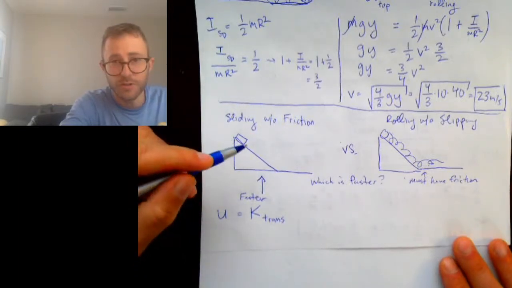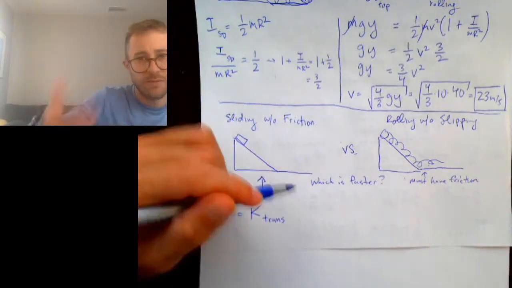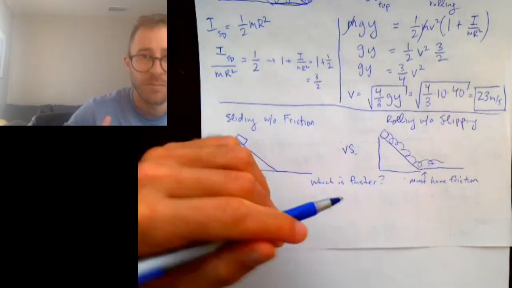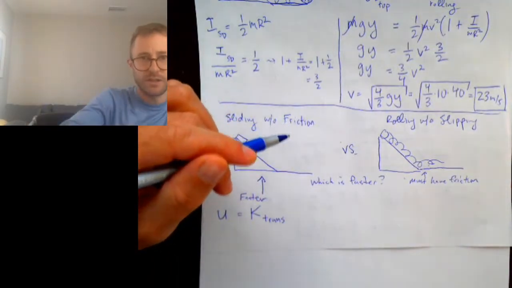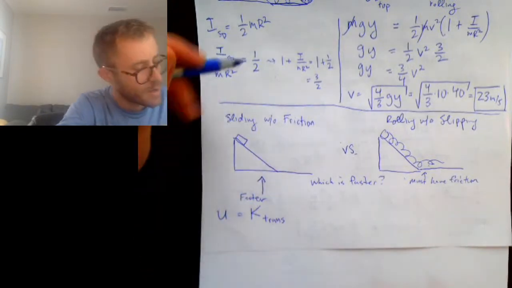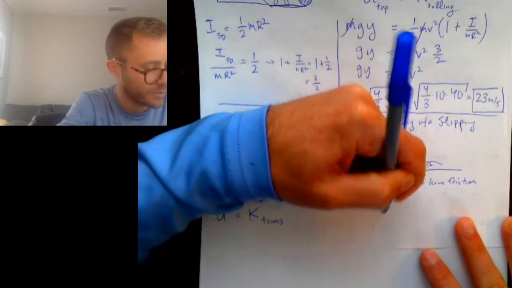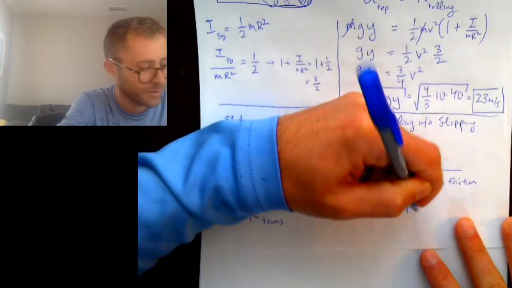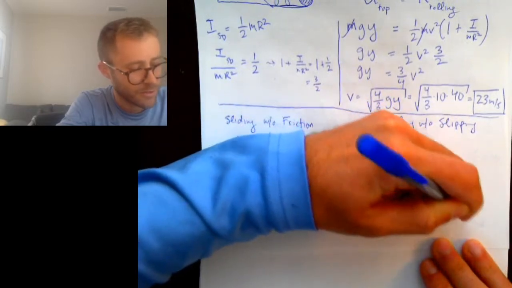There is no rotational kinetic energy because the skier is not rotating unless they fall and then they start tumbling. But assuming the skier doesn't fall over, they're just translating down the hill, okay? Whereas in this case, we have potential energy becomes kinetic energy of translation plus kinetic energy of rotation.